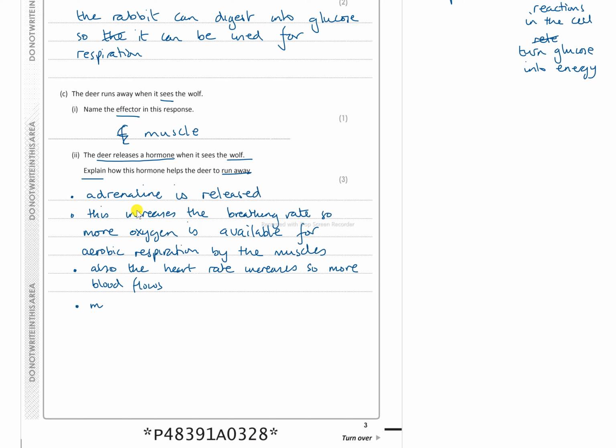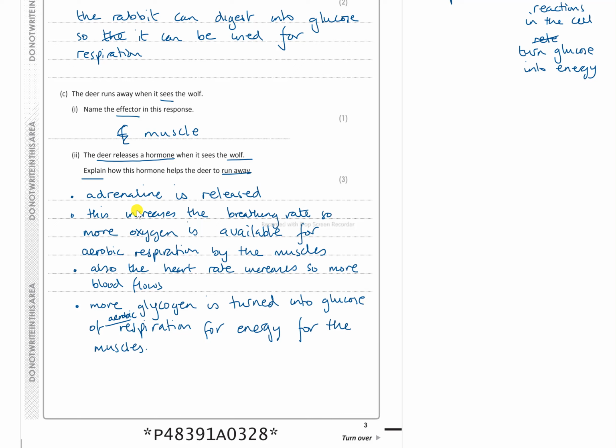Also more glycogen is turned into glucose for aerobic respiration, and for energy for the muscles. Right, that's a 3 marker. That should do it.